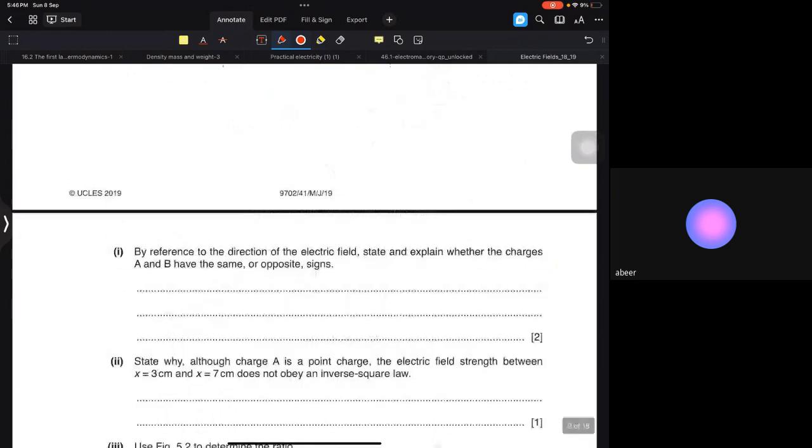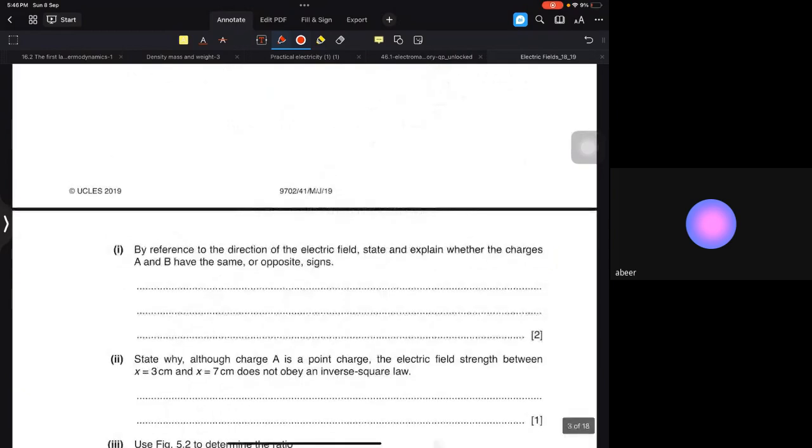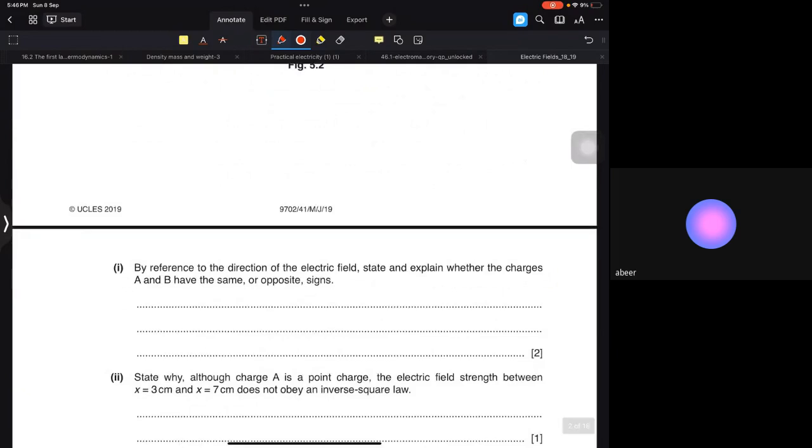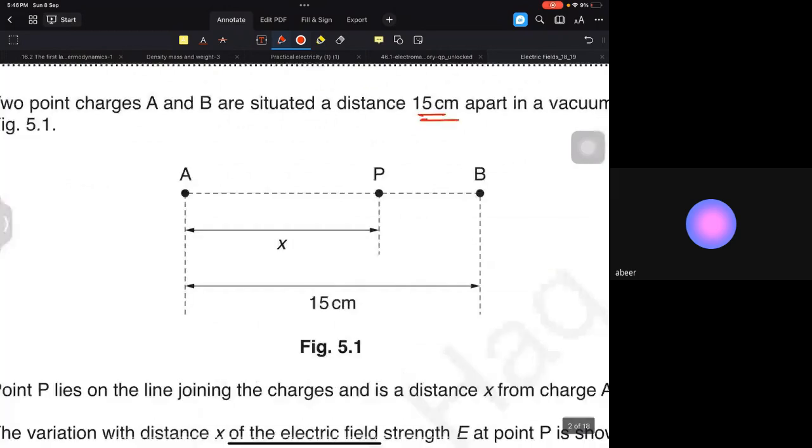So first of all, they're asking by reference to the direction of electric field, state and explain whether the charges A and B have the same or opposite signs. Let's suppose A was positive, it would have the field going outward, because the field always goes out of positive. Electric field strength is a vector quantity.